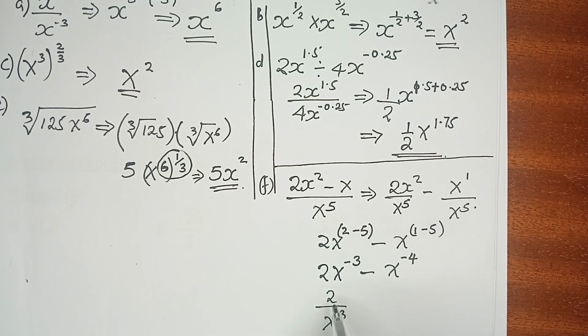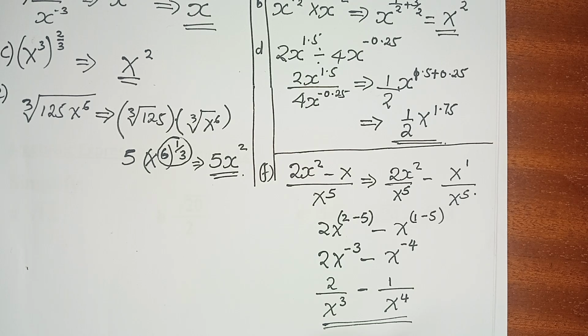So this is 2 over x raised to power 3 minus, of course, we have a 1 there, all over x raised to power 4. Again, the same change of sign of the index at the denominator position takes place. So finally, that is now the final submission as far as all those examples are concerned.